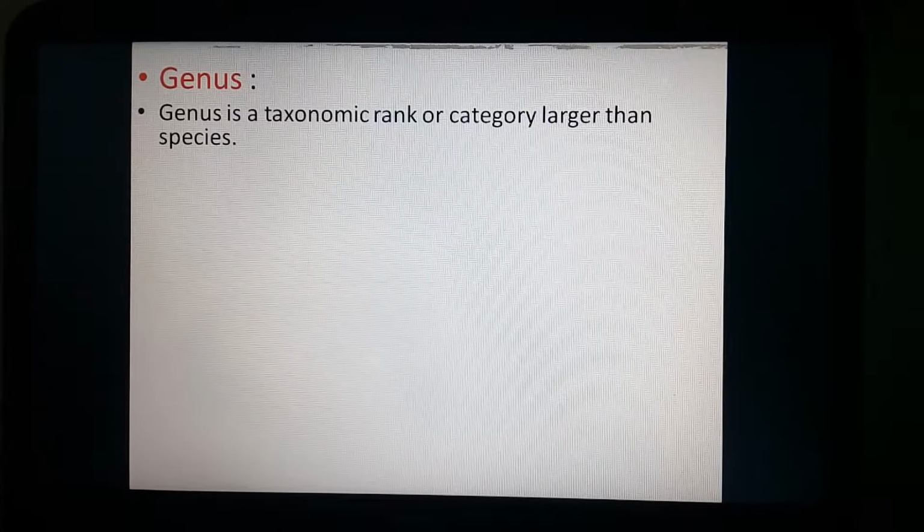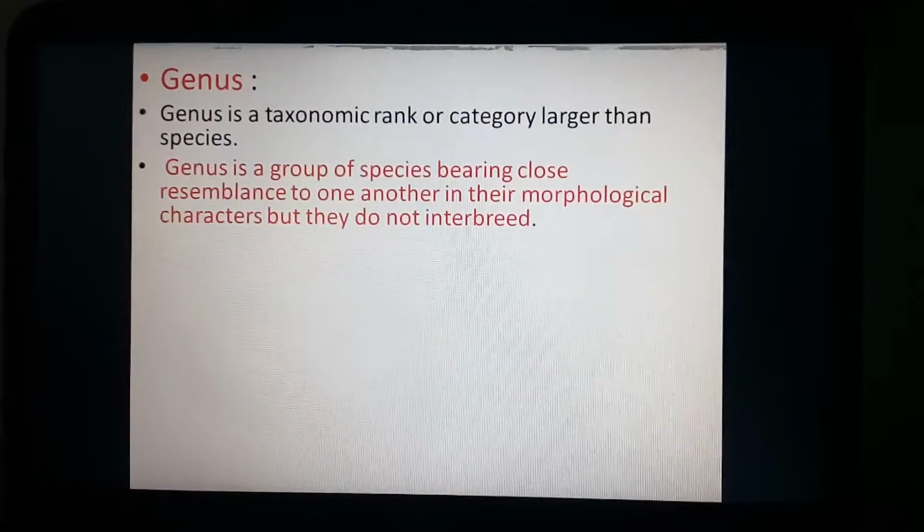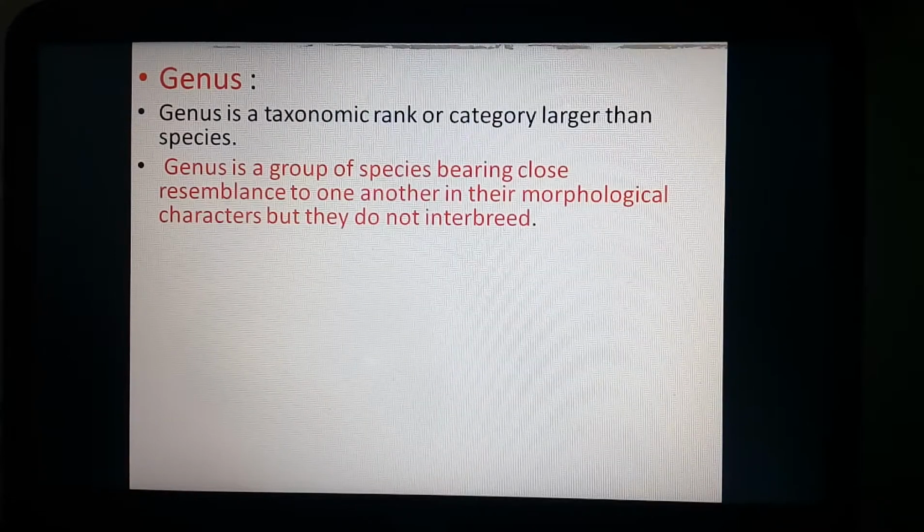Next, genus. Genus is the second taxonomic rank, which is higher than the species. One can define the genus as a group of similar species bearing close resemblance to one another in their morphological characters, but they do not freely interbreed with each other.